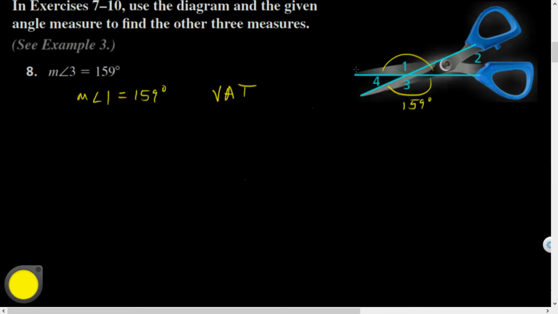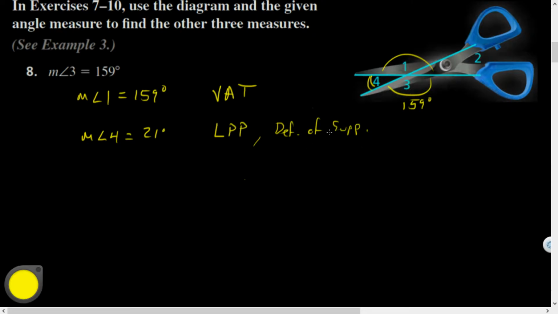So that's 159. Measure of angle 4 is going to be what? 21 degrees? Yeah, that seems right. Why is that true? Linear pair postulate says they're supplementary, and then def of supplementary. I'd be able to say that 159 plus that equals 180.